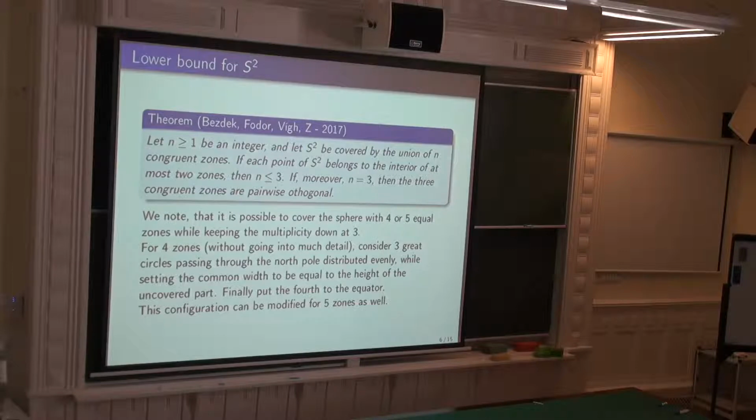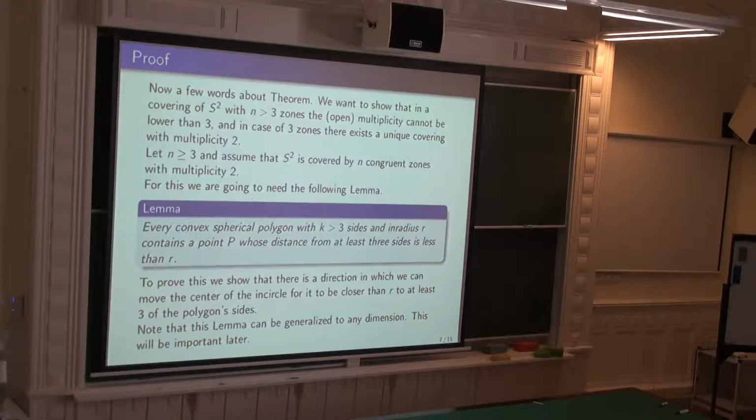For 4 zones, it's quite easy to see that we can start from the optimal solution of 3 zones and lower the widths so that there are some 2-gons missing, and put the fourth down there. This configuration can be modified to work for 5 zones as well.